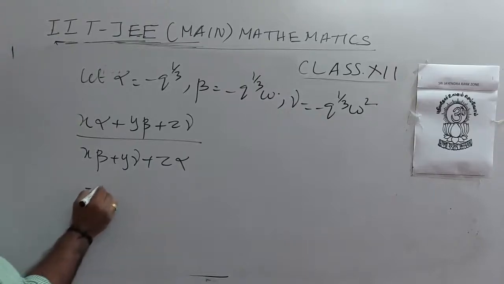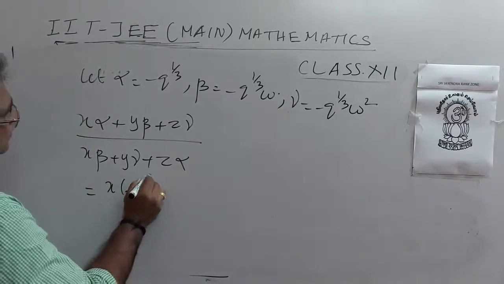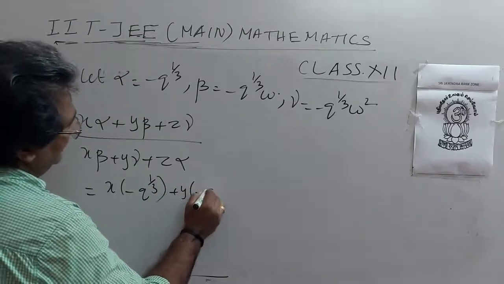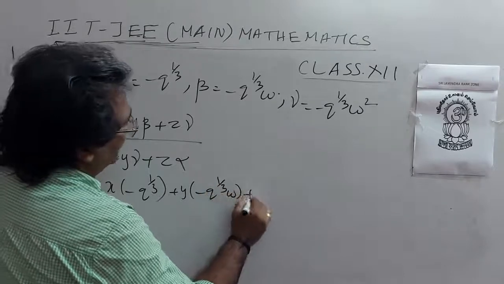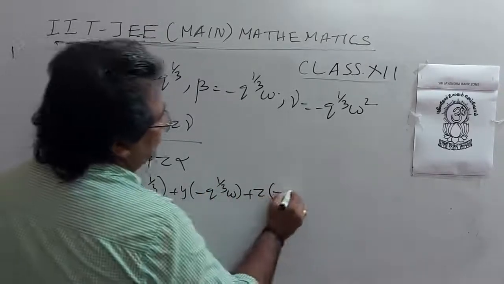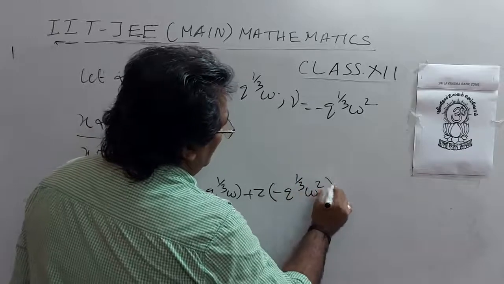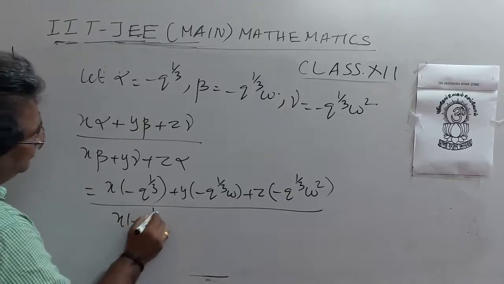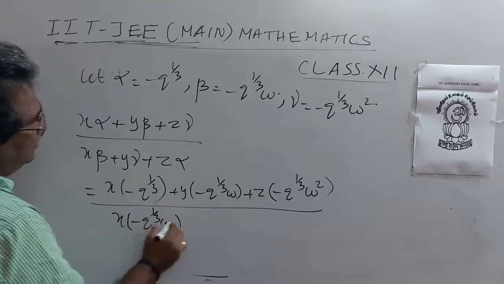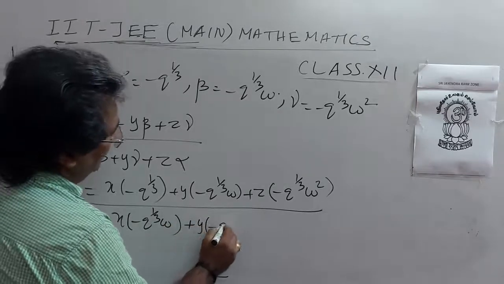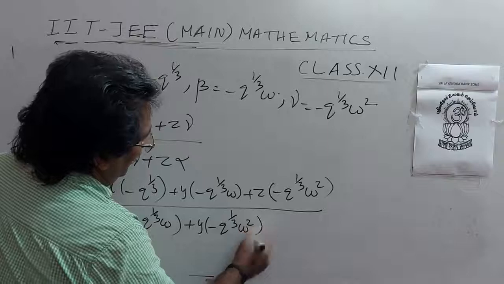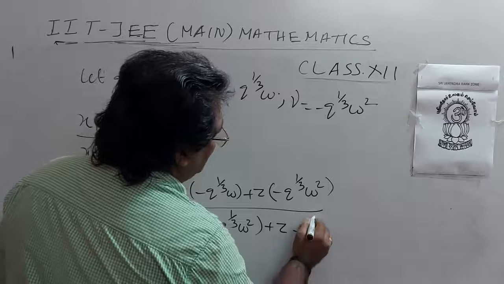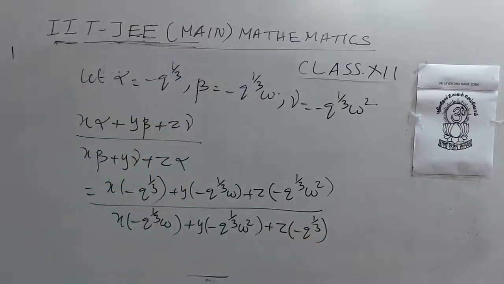That is x into (minus q) whole power 1 by 3 plus y into minus q power 1 by 3 into omega plus z into minus q power 1 by 3 omega square, whole divided by x beta, x into minus q power 1 by 3 omega, plus y gamma, minus q power 1 by 3 into omega squared, plus z alpha, that is minus q power 1 by 3.